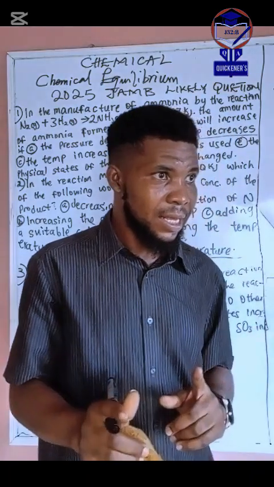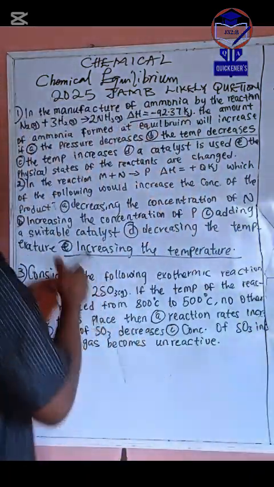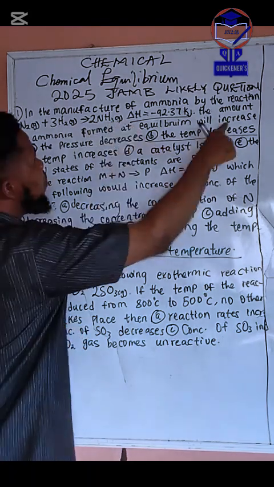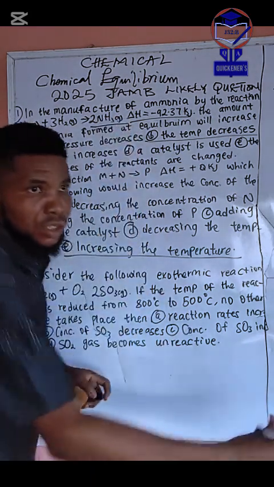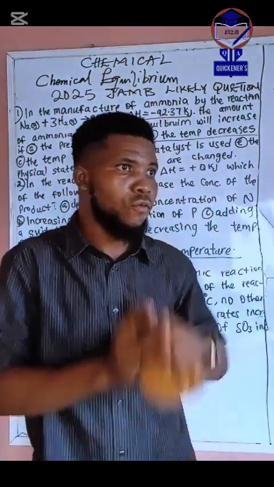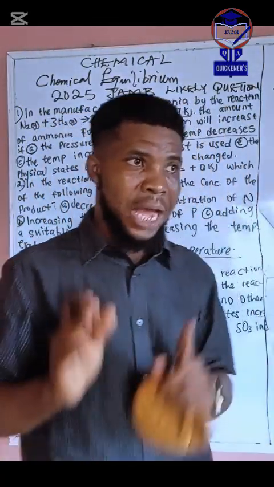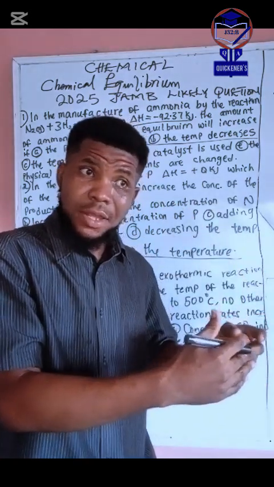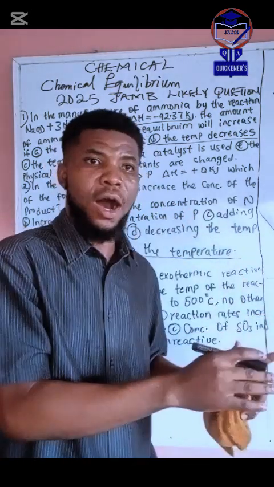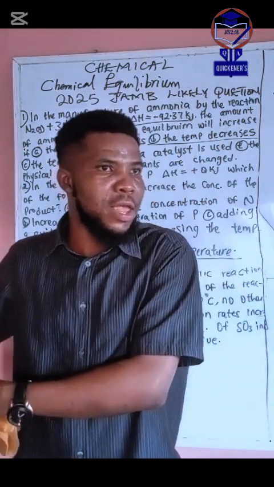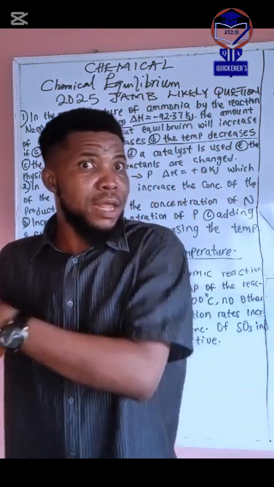Let's assume for the first question now, if I have a system where I'm removing the ammonia formed, the equilibrium position will shift to the right to favor the forward reaction. Reducing the concentration of the product will favor the forward reaction. What are we going to reduce to favor the backward reaction?